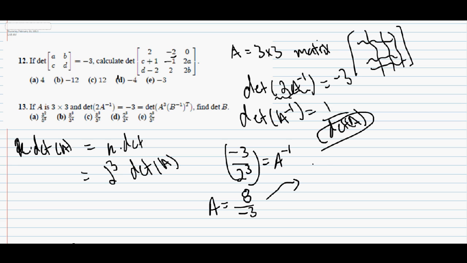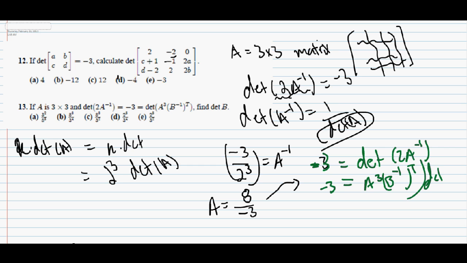Now, it also says, let me change colors here, green. -3 is equal to the determinant of 2 times A inverse, but it also equals A cubed times B inverse times the transpose, this is a determinant. One thing I want to note is that when you take the transpose of a determinant, nothing happens, so everything stays the same, and we can just cross out the transpose.